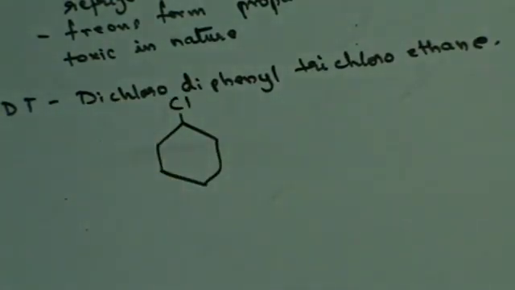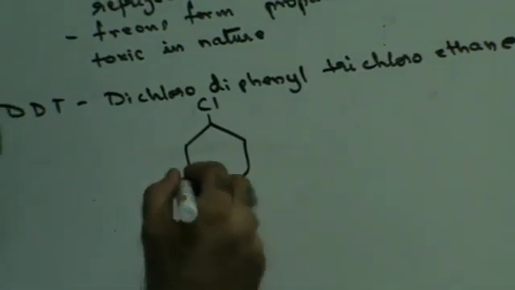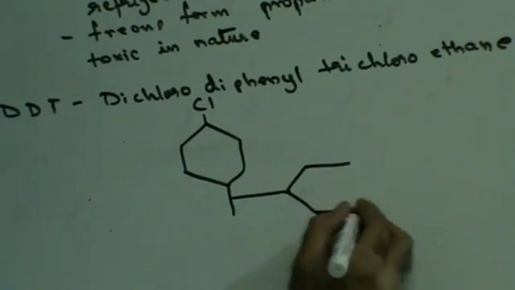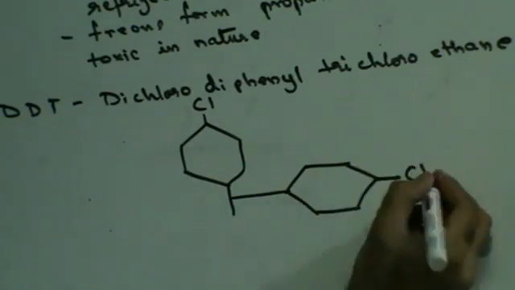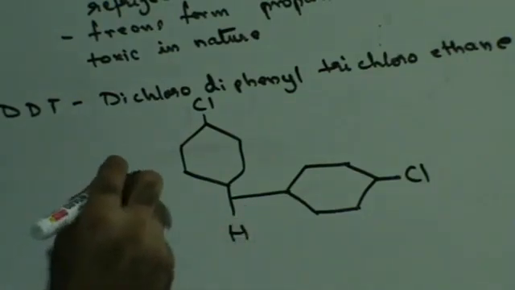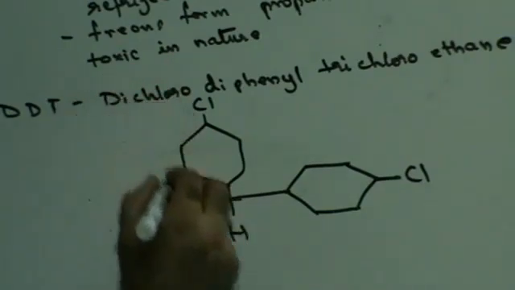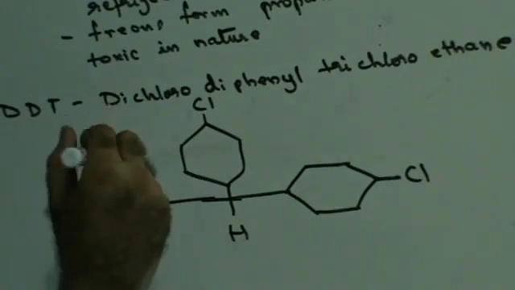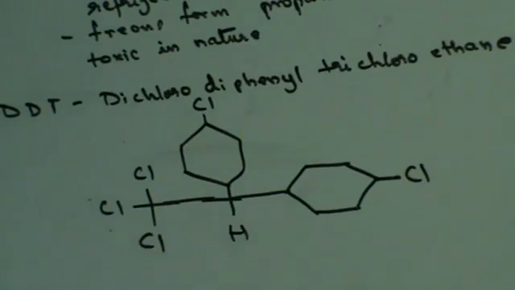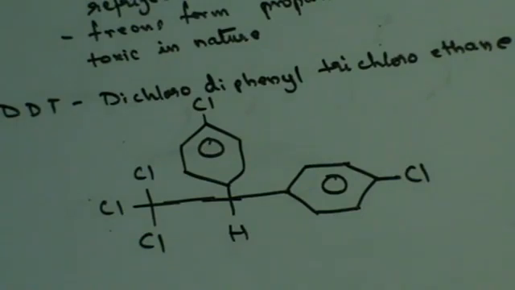This is one phenyl. I need another phenyl, so that means this is diphenyl. This is your trichloroethane. That means I need 3 chlorines. This is my molecular structure of DDT.